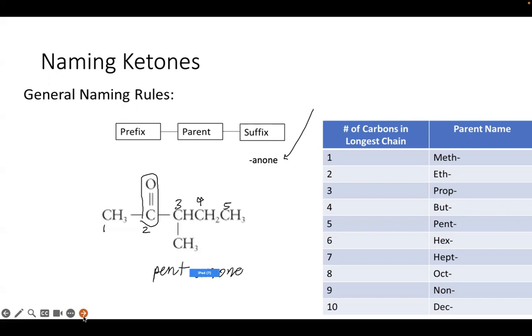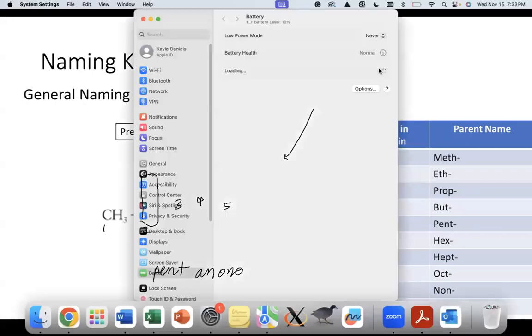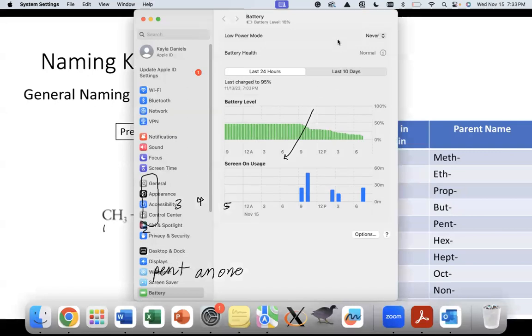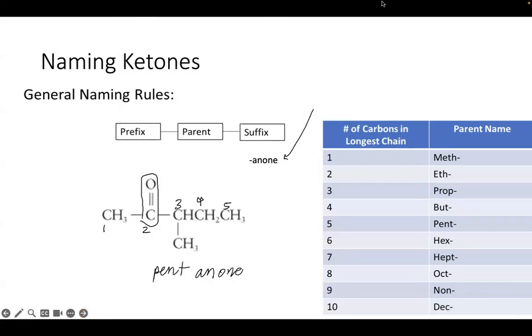Here I do have to tell my audience what carbon this group is coming off of. So this is coming off of carbon 2.